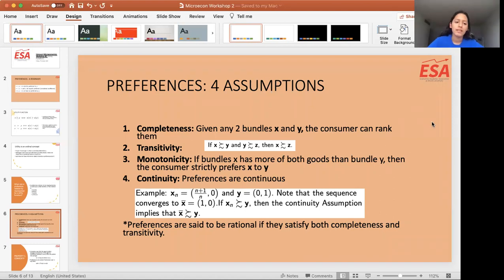It's not too complicated, and I'm pretty sure last year we just assumed that any preferences could have utility functions, but just in case you wanted to know, these are the four assumptions you need to keep in mind when thinking about preferences and utility.